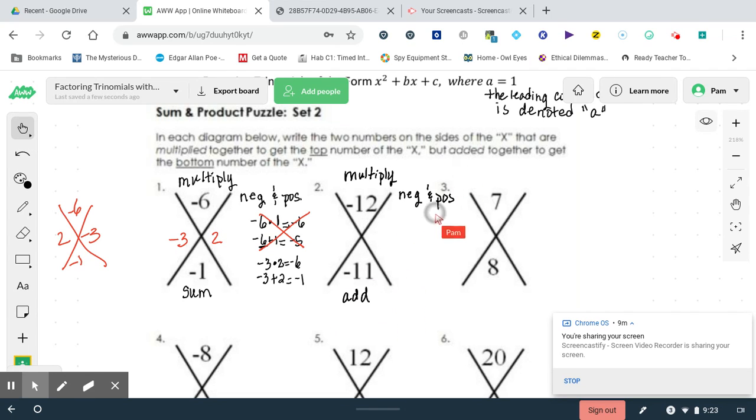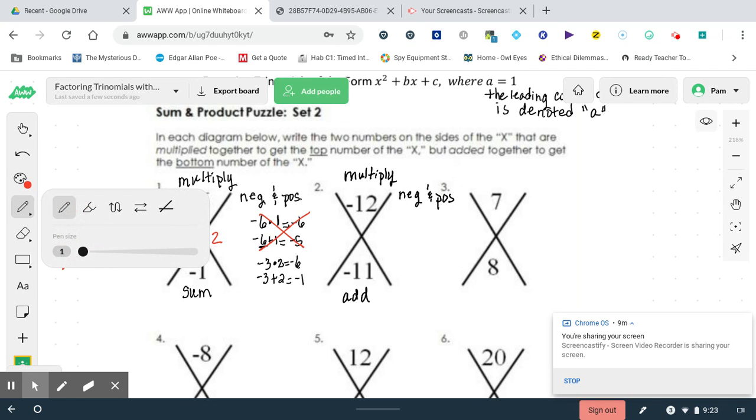Well, if the signs are different, when I subtract, I need to get a negative. Okay? So I need my larger number to be negative because this is -11. All right, so the larger number is going to have to be negative. Larger number must be negative.